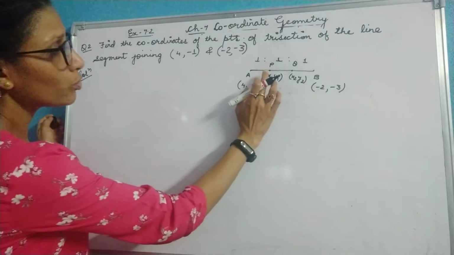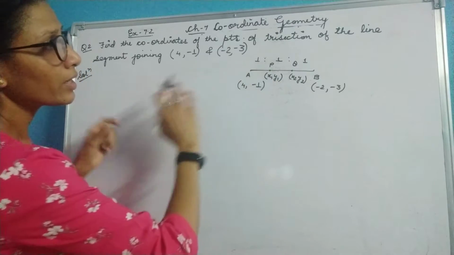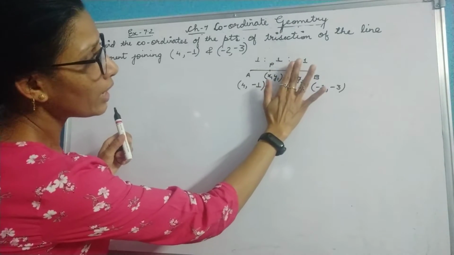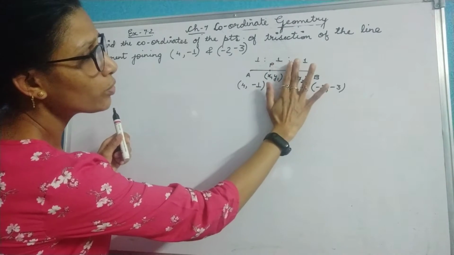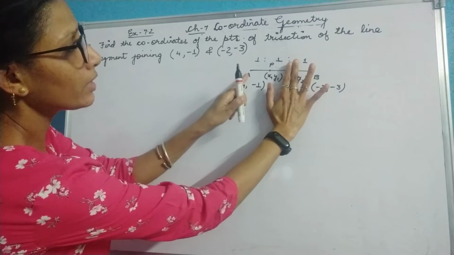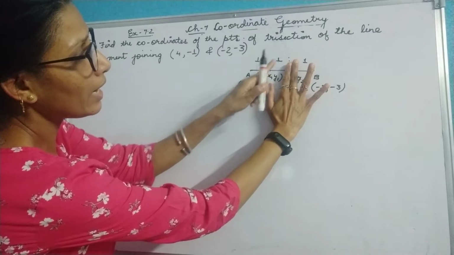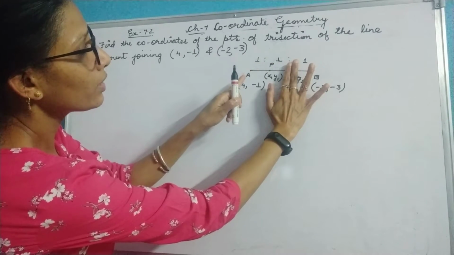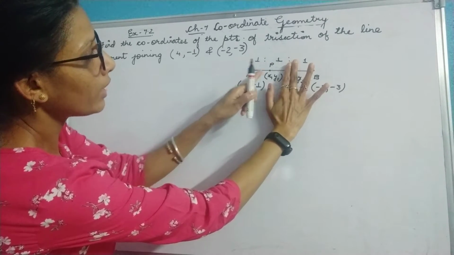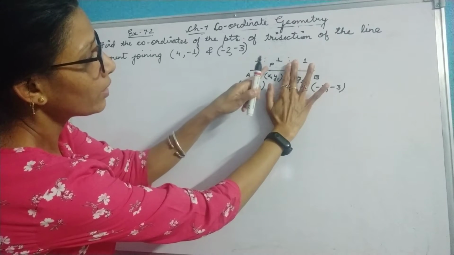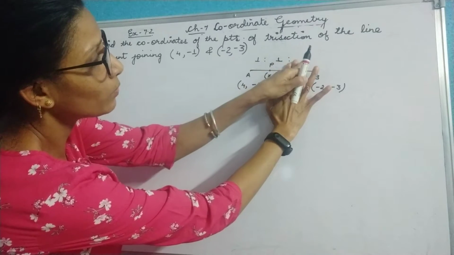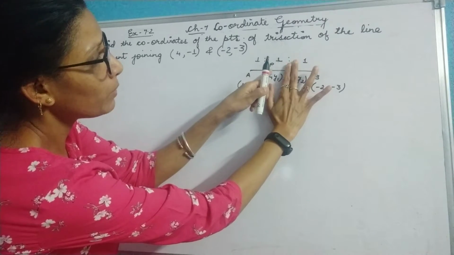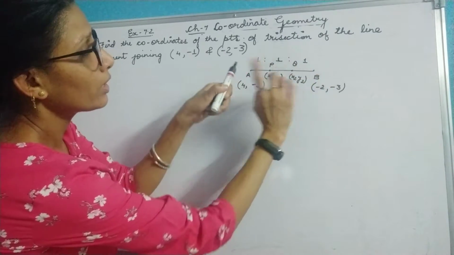So if I want to find this point P, then first of all I will not be considering point Q. I'll just remove point Q and take AP and PB. Now when I am talking about AP, the ratio is 1. But from P to B, it is 1:1, that means P to B it is 2.